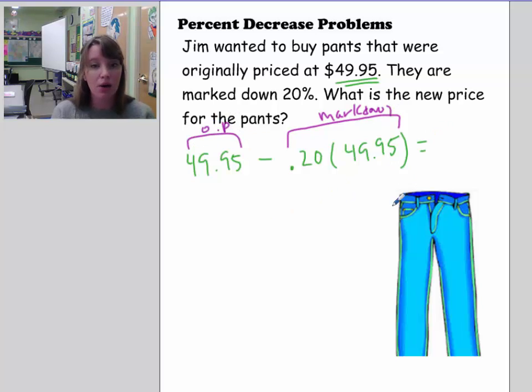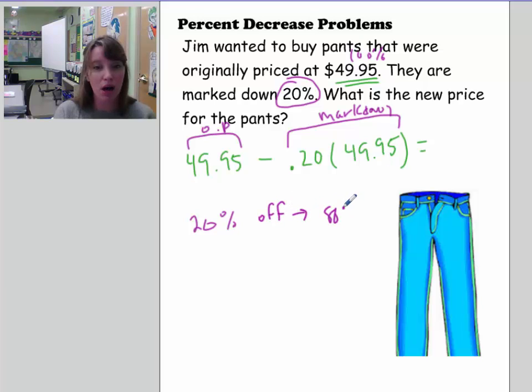Now, another quick way of doing this, so you can actually do this problem out, but what you can also think about this as is if 20% is knocked down from the original price, let's consider the original price to be 100%. And if it's knocked down by 20%, then what you have left is just 80% of the original price. So another way of thinking about this is 20% off is equivalent to 80% on.